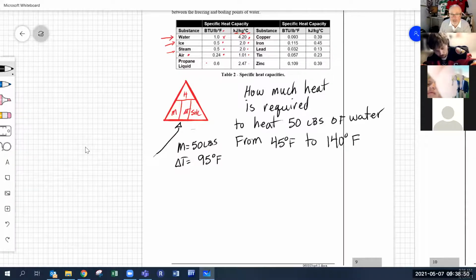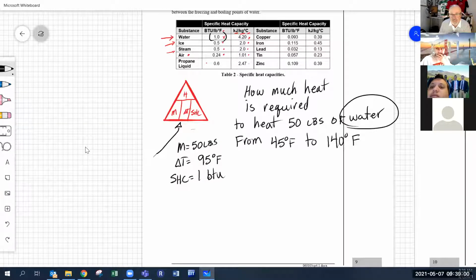We are talking about water, so our specific heat capacity is, let's look up here, 1 BTU per pound per degree Fahrenheit. Where did you get the 95? It's the temperature difference between 45 and 140.